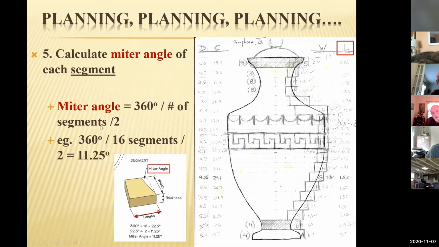Then you need to know the miter angle. Well, the miter angle kind of goes with the number of segments. The miter angle would be 360 degrees divided by the number of segments, and that divided by 2, because each segment is mitered on both sides. So for 16 segments, the miter angle would be 11.25 degrees.